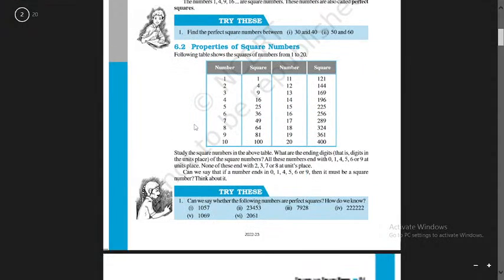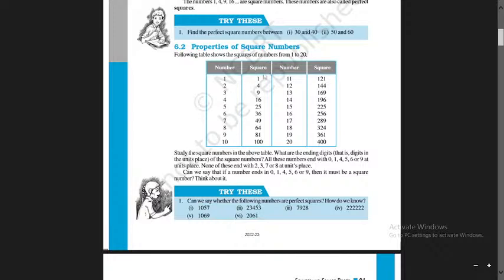So here you can see properties of square numbers. Now we are going to study properties of the square number. The following table shows the squares of numbers from 1 to 20. Here you can see the number. So number is 1 from 1 to 10.